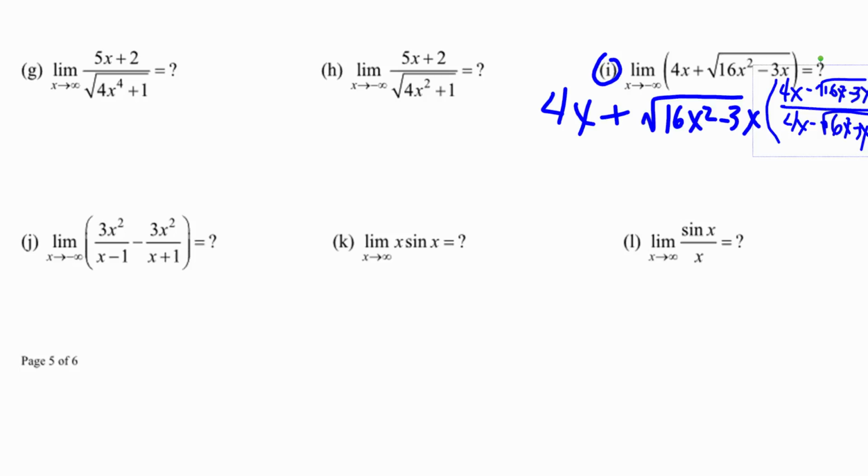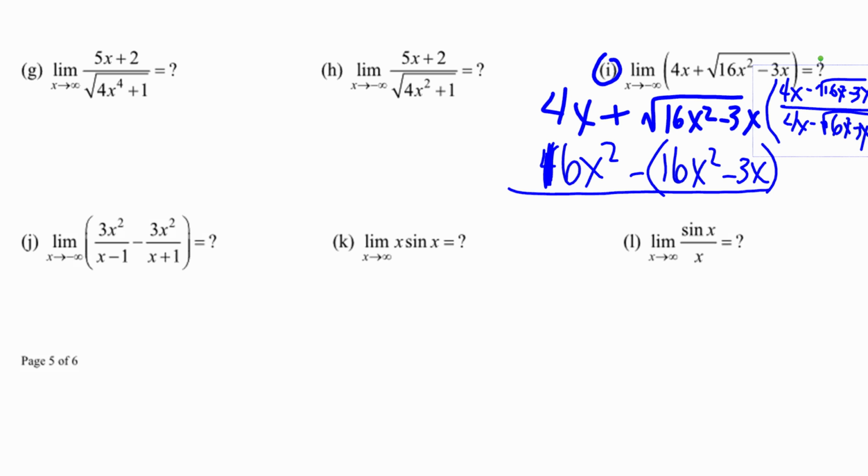Now we get 4x times 4x. That gives us 16x squared in the numerator, minus 16x squared minus 3x in the numerator. In the denominator, we would get 4x minus the square root of 16x squared minus 3x.